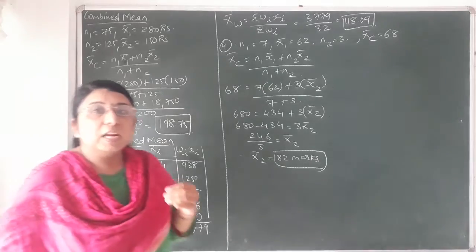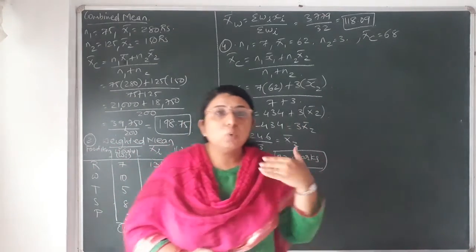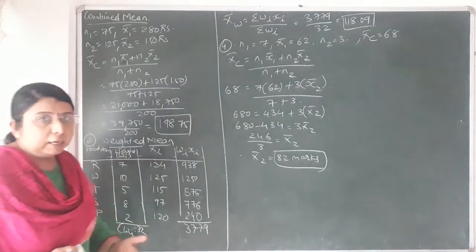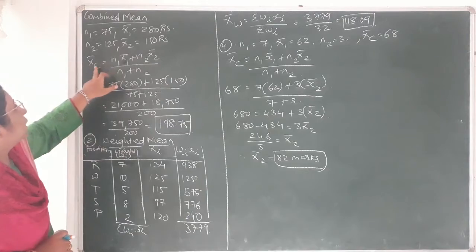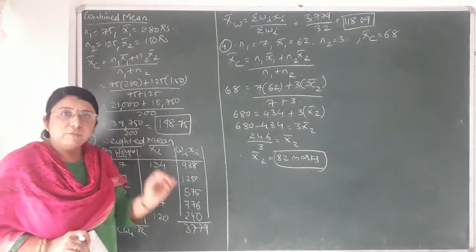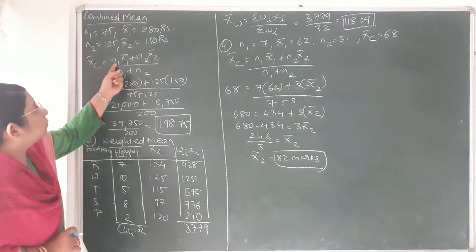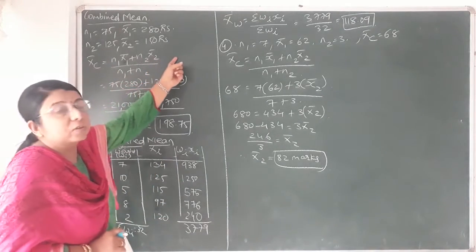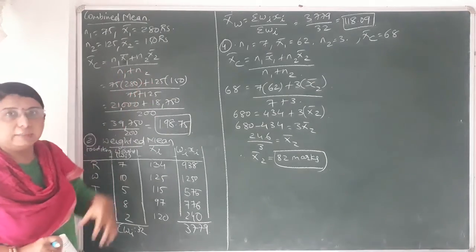Now students, if the means of three different groups are given to you, then you have to carry forward your formula up till n3 x3 bar, and over here also it would come n1 plus n2 plus n3.